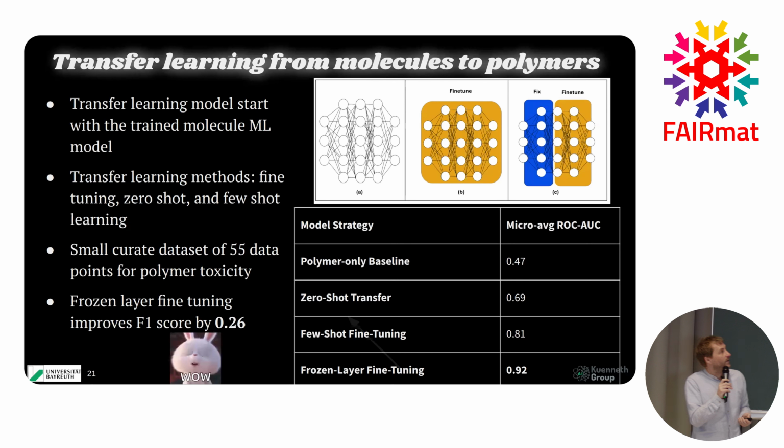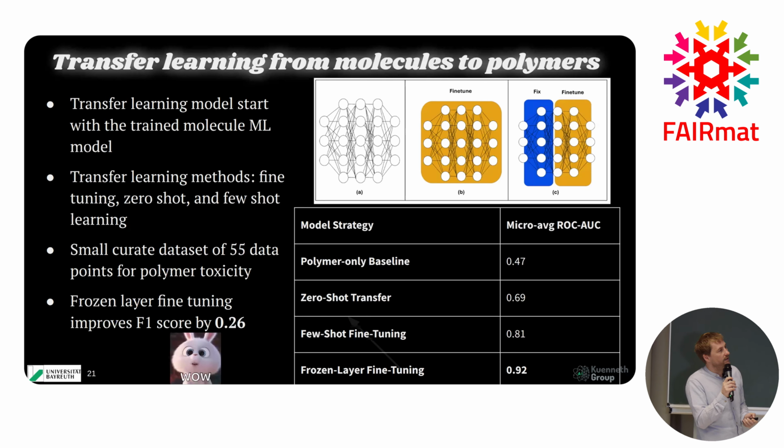So here, in a second step, we started with the pre-trained molecule machine learning model, and then applied a couple of transfer learning methods, here fine-tuning, zero-shot, and few-shot learning. And for this, we collected a very small 55 data point data set for polymer toxicity that we can use. So it's much, much smaller than the 10,000. So we take the pre-trained molecule model, and then we fine-tune or few-shot learn it on the small data set.